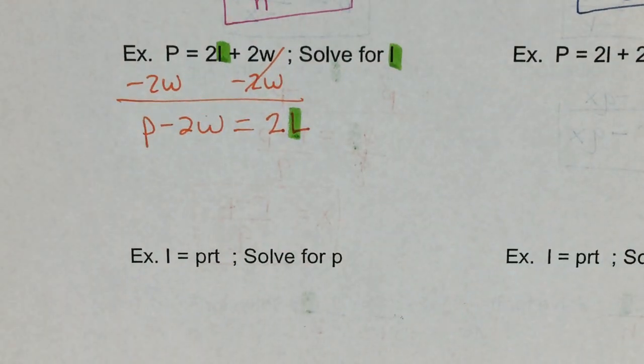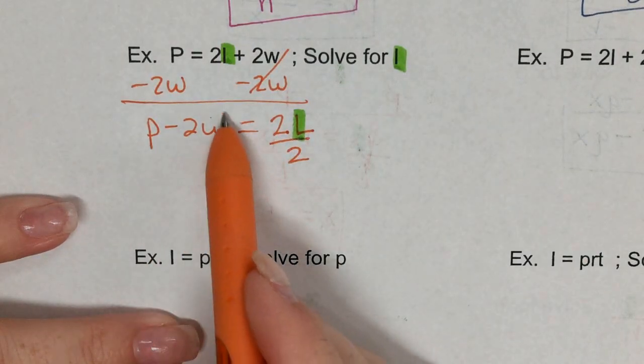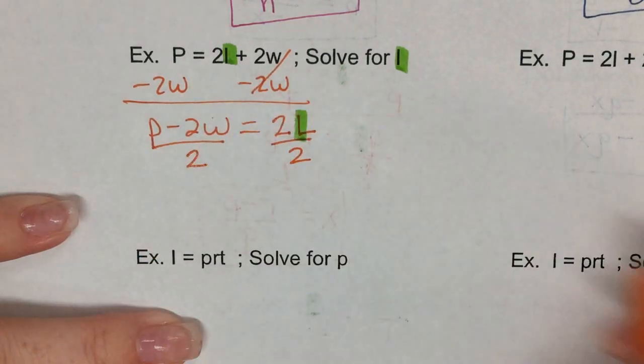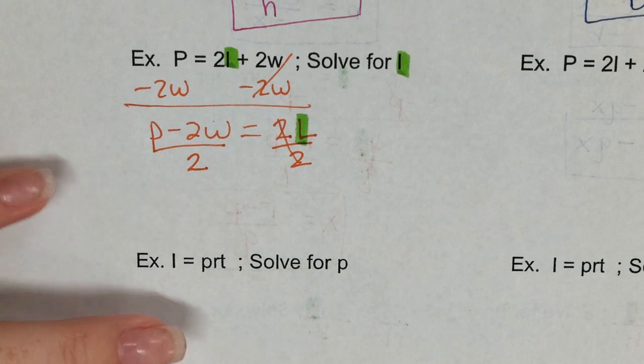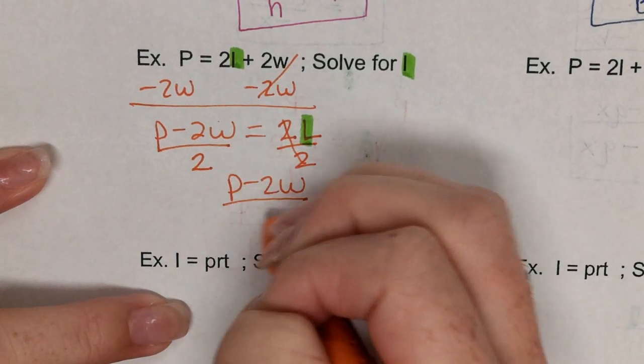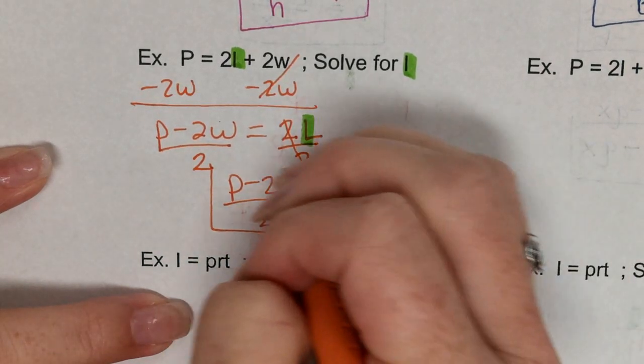L. So how do I get rid of the coefficient 2? Divide by 2. Do I have to divide this entire side by 2? Yes. And I'm done. Now I just need to write it out. P minus 2W, all divided by 2, is equal to the length.